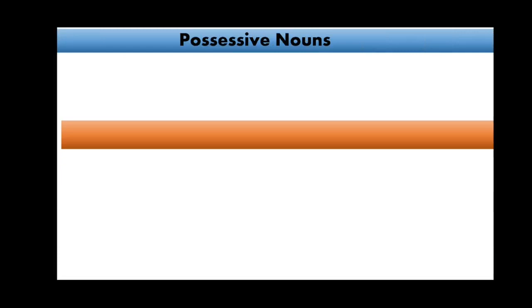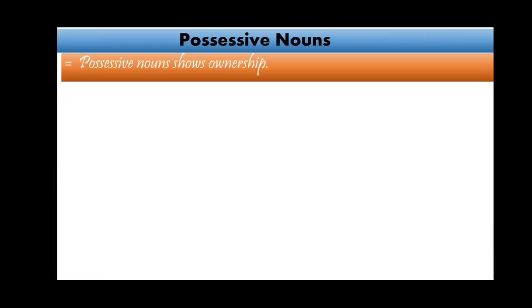First we will come across the definition. Possessive noun shows ownership. Who is the owner? Sometimes in class when we ask whose book this is, you reply, "Ma'am, this is so-and-so's book." Suppose it was Ronak's book, you are definitely going to reply with Ronak's, right?